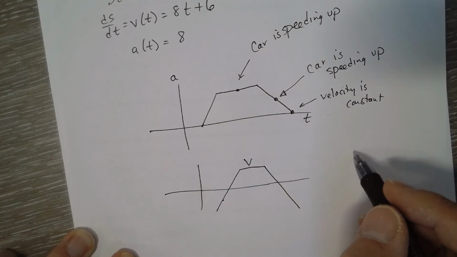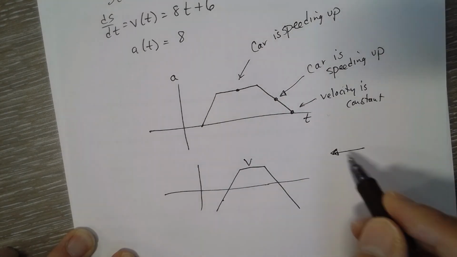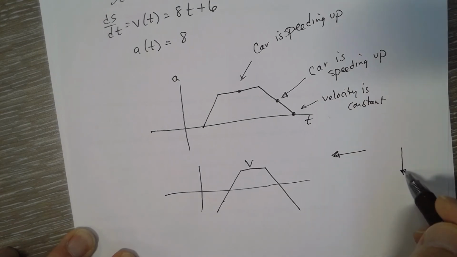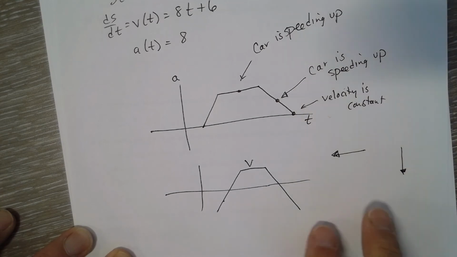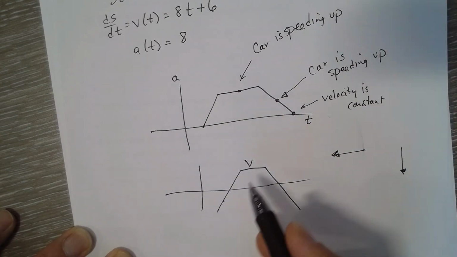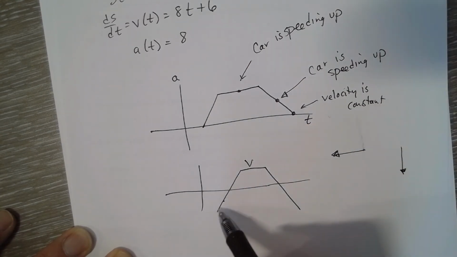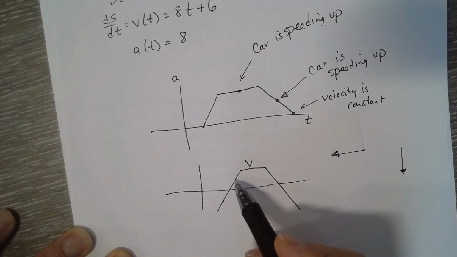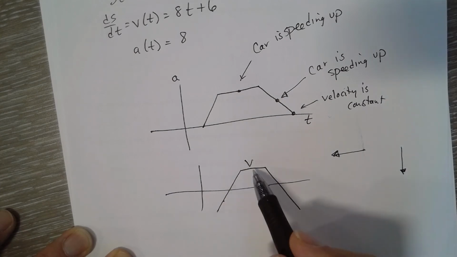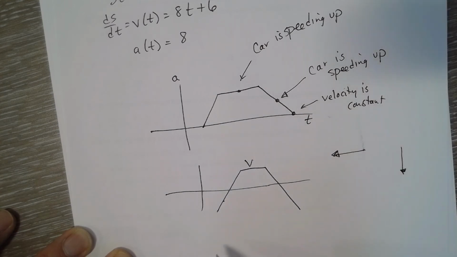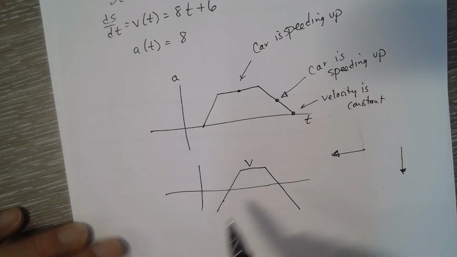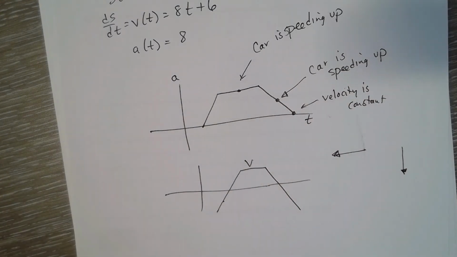So in calculus or in physics, it's either going to the left because it's negative or it's going down. There's two different scenarios. One problem might be up and down, one might be left and right. So let's just go left and right. It's going to the left right here. Now it's going to the right. It's still going to the right because the velocity is positive. Here it changes and it starts going to the left. Here it has a constant velocity.